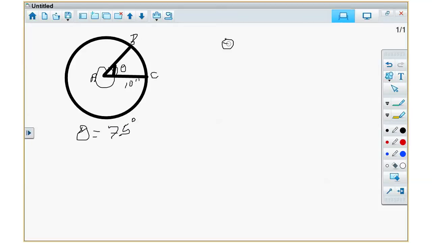Theta over 360 is equal to arc length over 2 pi r.